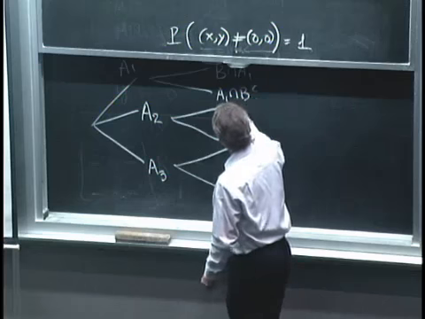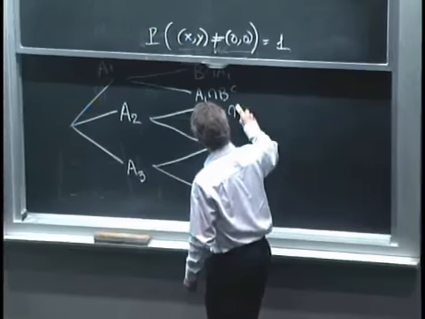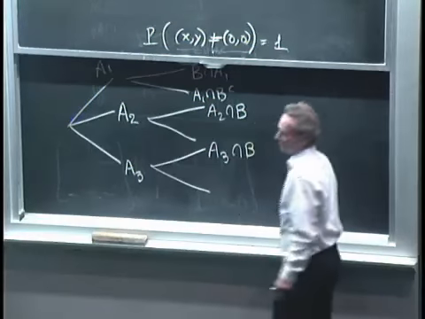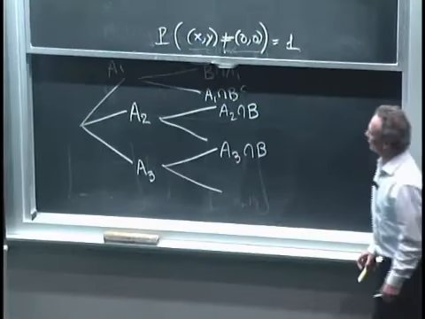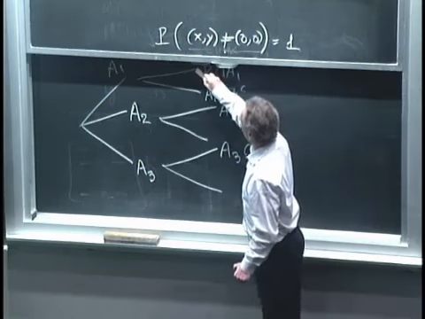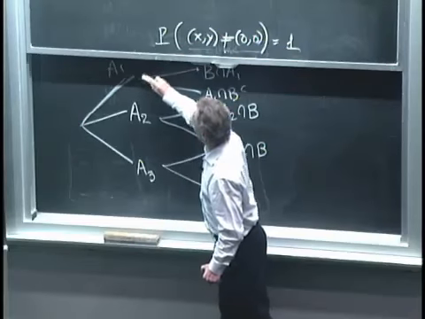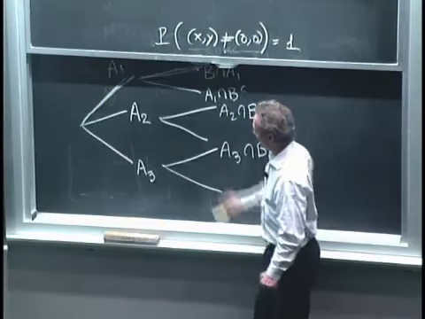And so on. So here we have A2 intersection B, and here we have A3 intersection B. In the previous slide, we found how to calculate the probability of any event of this kind, which is done by multiplying probabilities here and conditional probabilities there.